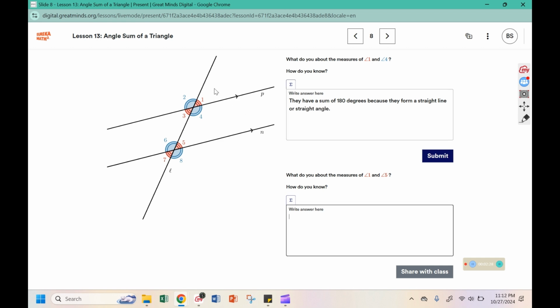So if 1 and 5, those are corresponding angles, so they have congruent or equal measures.